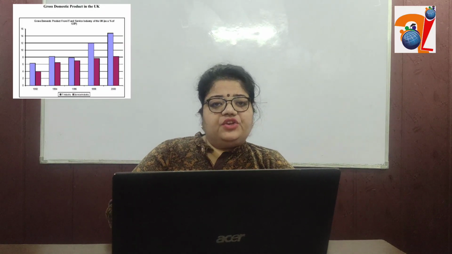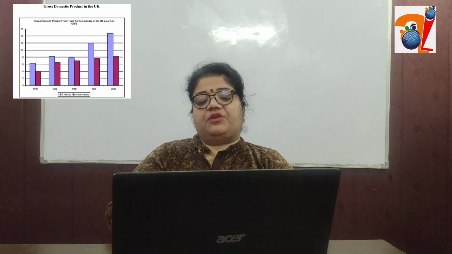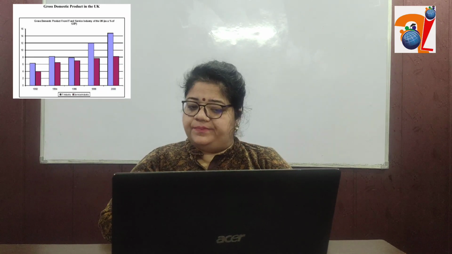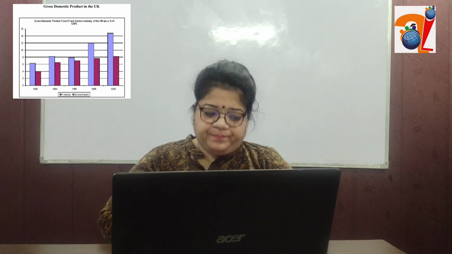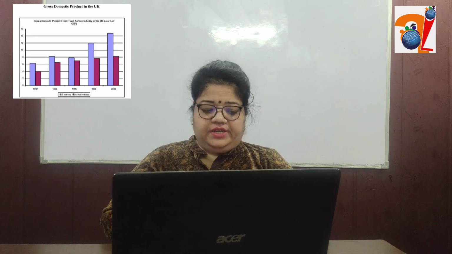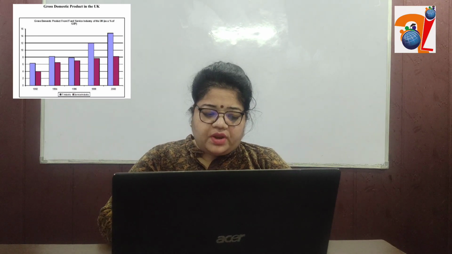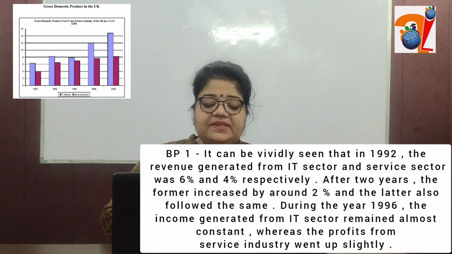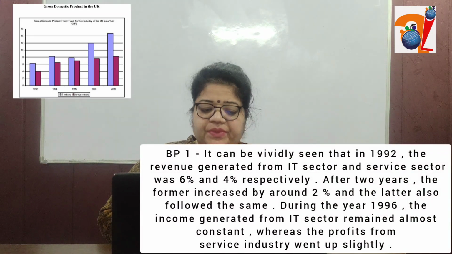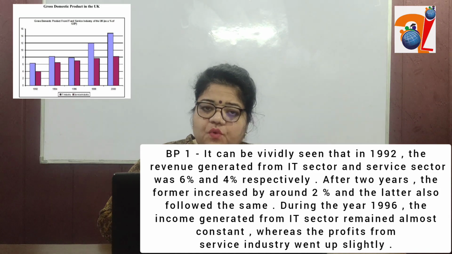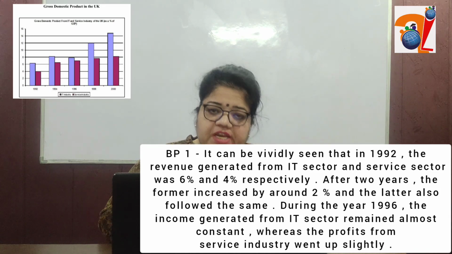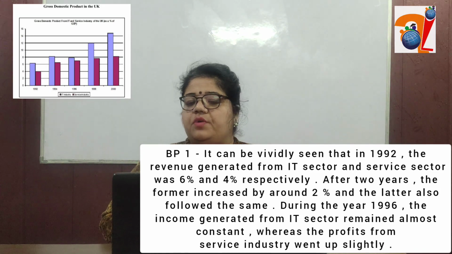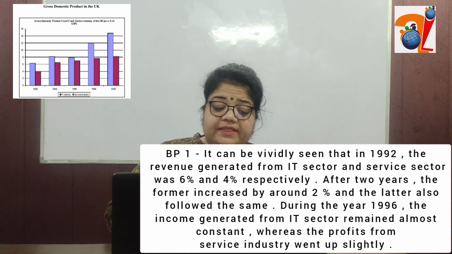So you can continue with the connector. It can be vividly seen that, or in the beginning, or initially. Fine, it's of your choice. What do you want to use? See what we have chosen. It can be vividly seen that in 1992, please focus always on the initial year before starting your body paragraph 1, the revenue.